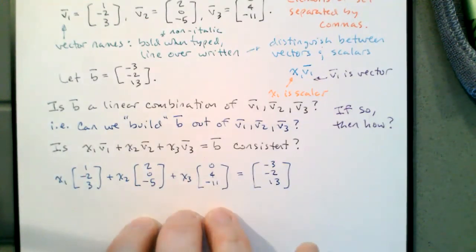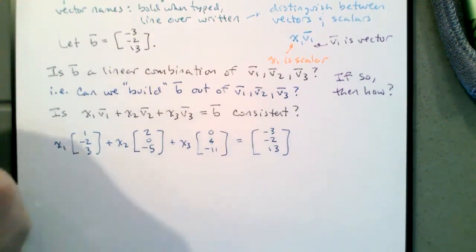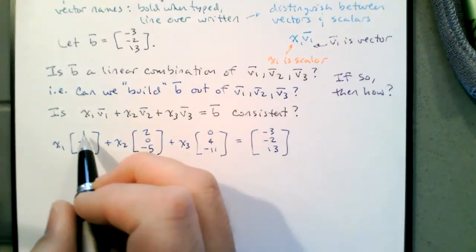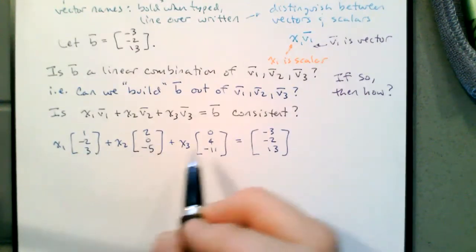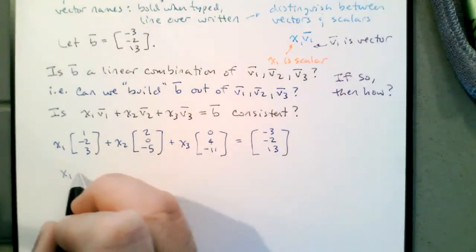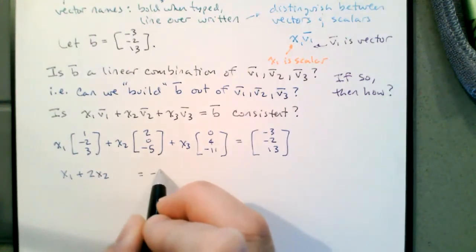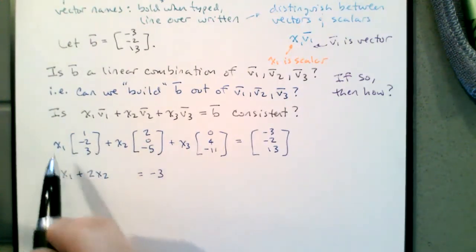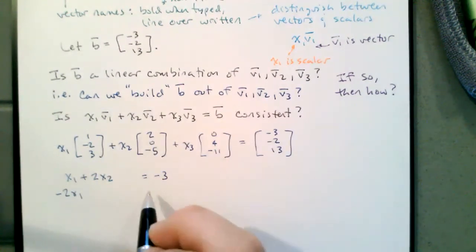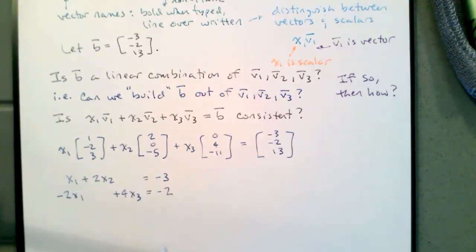This vector equation is equivalent to the linear system. So the linear system will be x1 plus 2x2 equals negative 3. Then negative 2x1 plus 0x2 plus 4x3 is equal to negative 2.